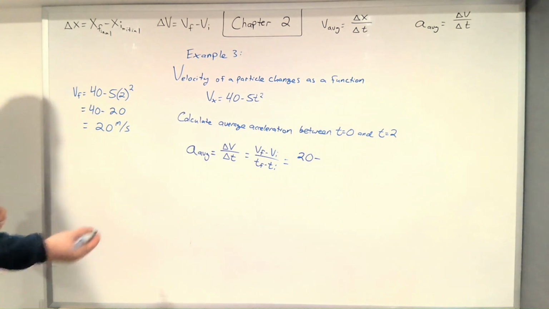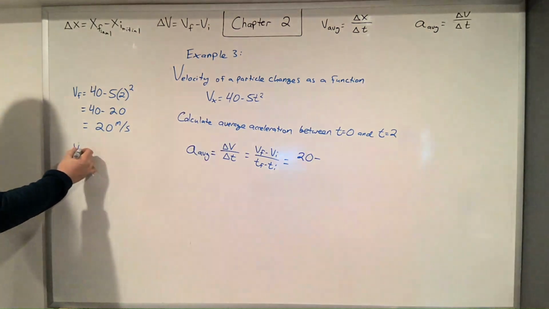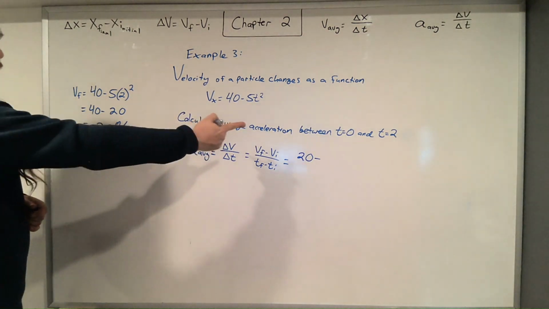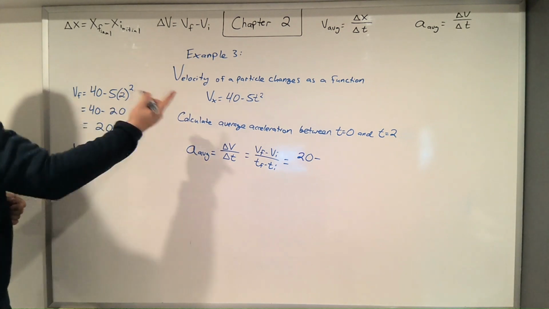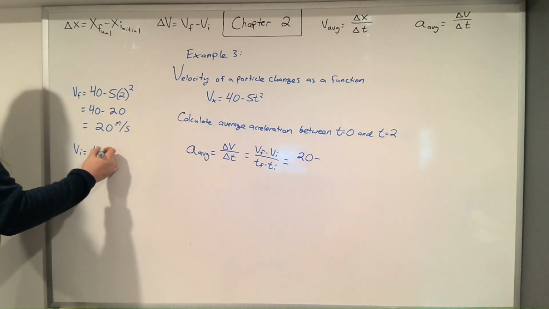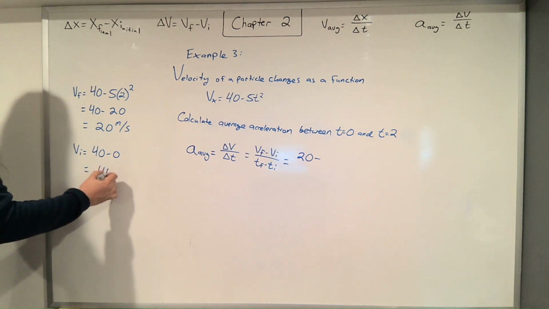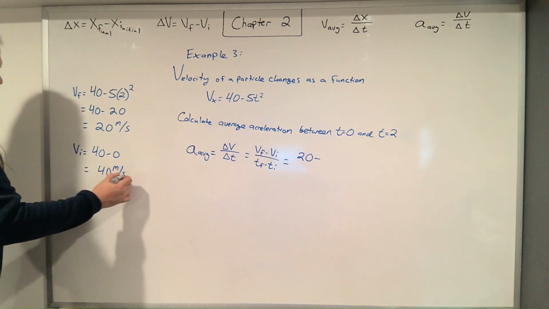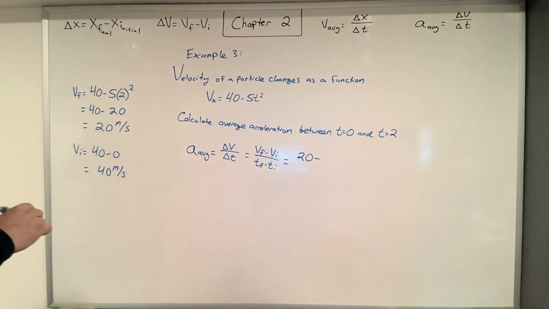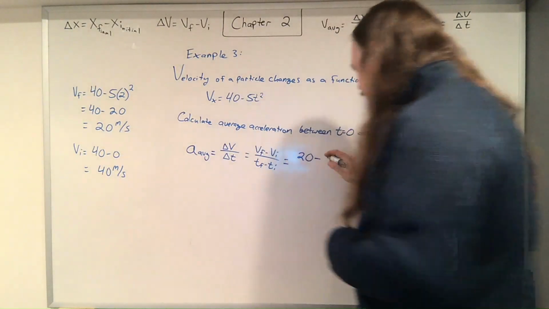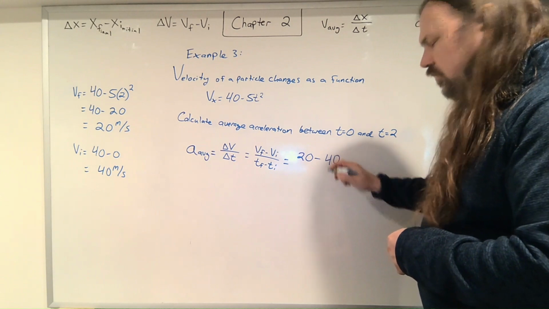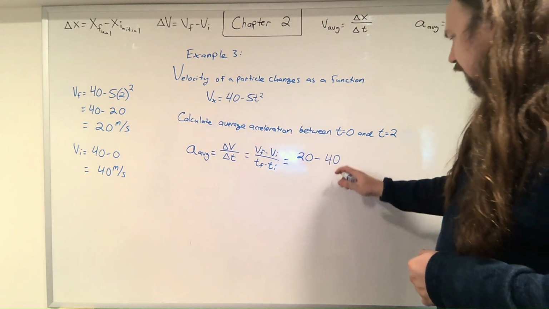Now I figure out our VI. For VI, we plug in t equal to 0. We're going to get 40 minus 0, which is just going to be 40. Okay, that's our VI. Let's plug in our VI. 20 minus 40.